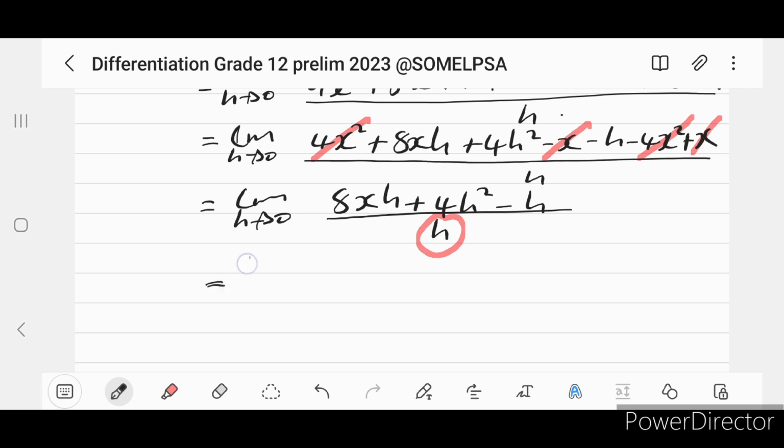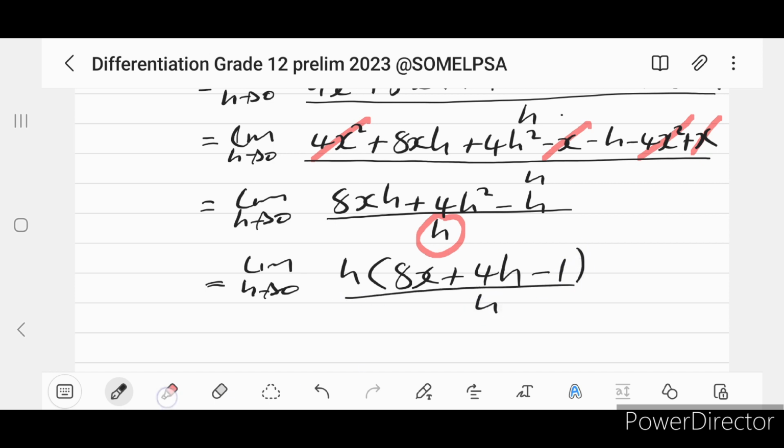So I must factor out h on top, a common factor of h. I'm left with 8x plus 4h minus 1 over h. Therefore, this is cancelled.